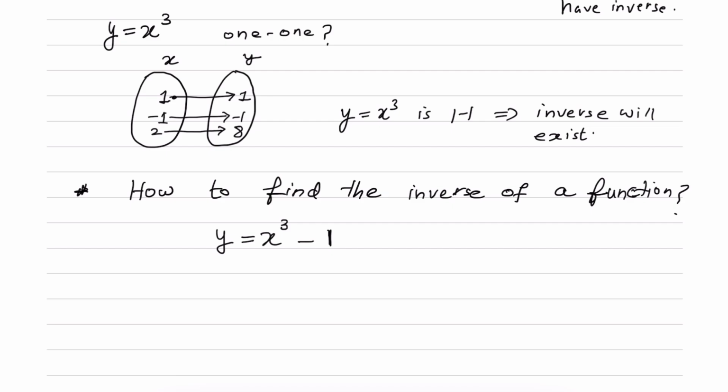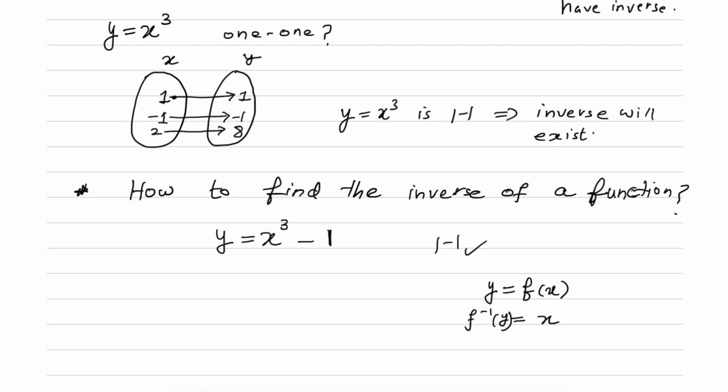First of all, the question is, will the inverse of this function exist or not? For that, this function y equal to x cube minus 1 must be a 1, 1 function, and you can check that it is 1, 1. So how do we find the inverse of a function? To find the inverse of a function, please keep this in front of you: y equal to f of x, then x could be written as f inverse of y.